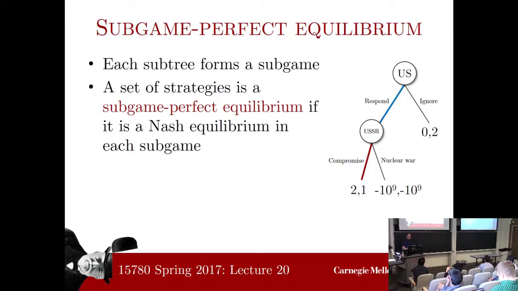So what we had before, when we said the US ignores and the USSR starts a nuclear war, this is not a subgame perfect equilibrium, because if you look at the subgame that is just defined by this node, then it's not a Nash equilibrium for the USSR to start a nuclear war. If it's the only action, and we start from that point, it would want to compromise. Okay, so this rules out this kind of non-credible threat that we had before.